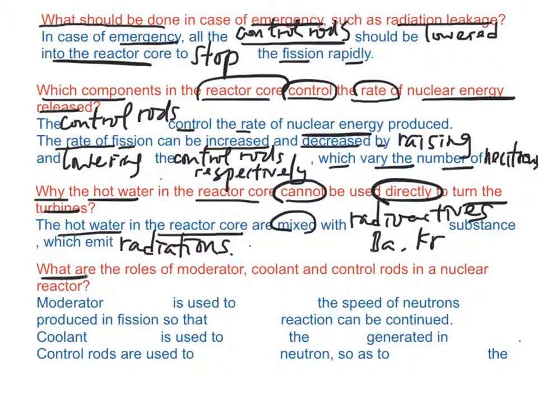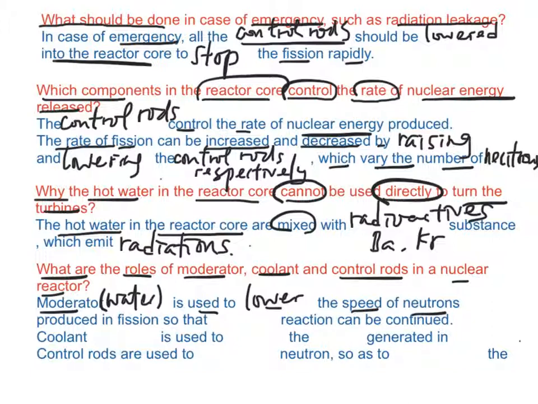Then, what are the roles of moderator, coolant, and control rods in a nuclear reactor? The moderator, we use water, is used to lower the speed of neutrons produced in a fission so that chain reactions can be continued.